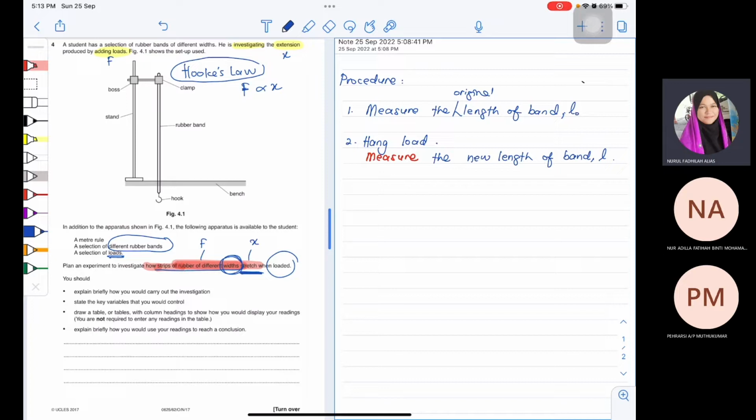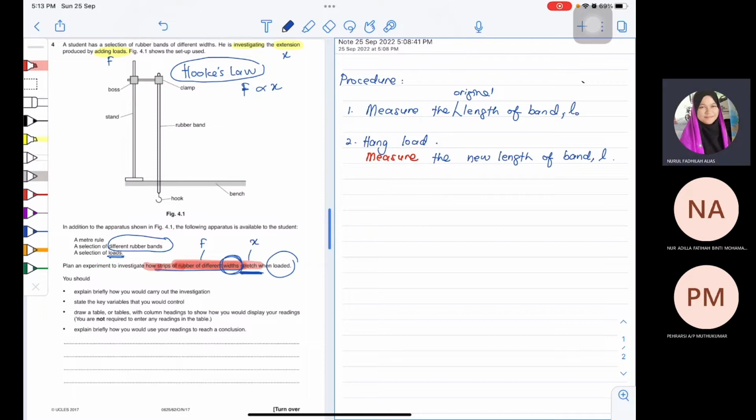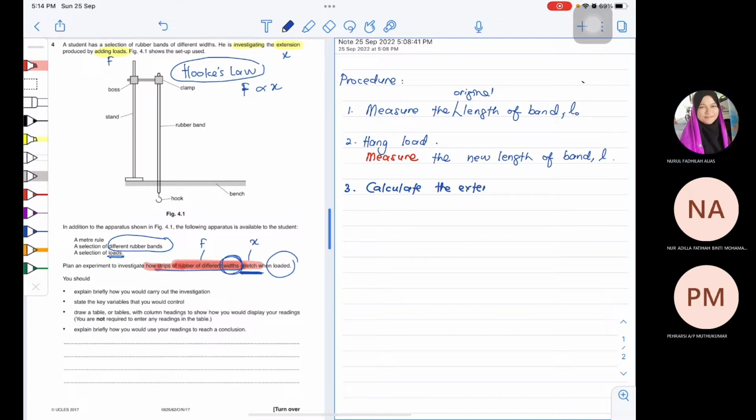Okay, I'm sure you know what to do next. Once we have two different lengths, what do we need to do? Find the extension. Calculate the extension and record.